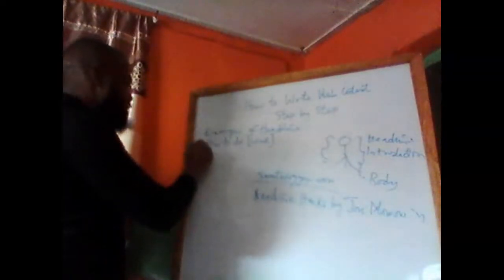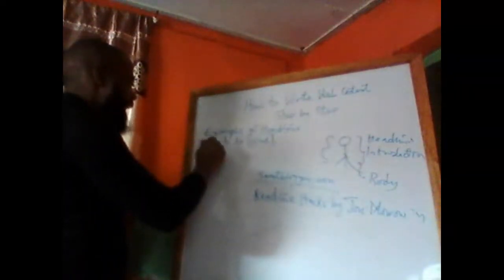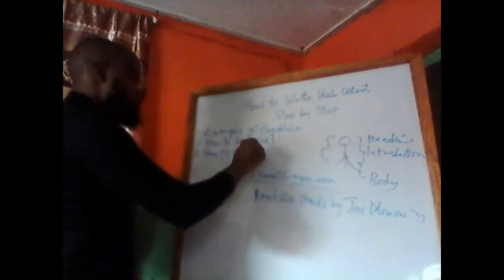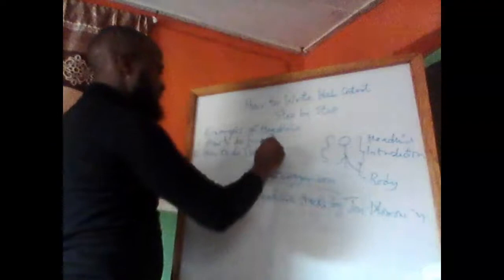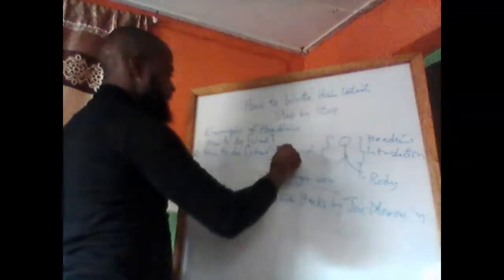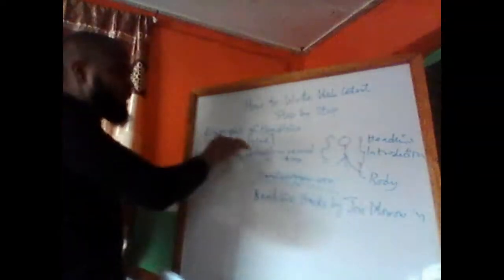Number 2, example of headlines. You also find how to do blank in record time. What does this mean? It's a different ball game when you say how to do something. But when you now say how to do that thing in record time, this is much more powerful.